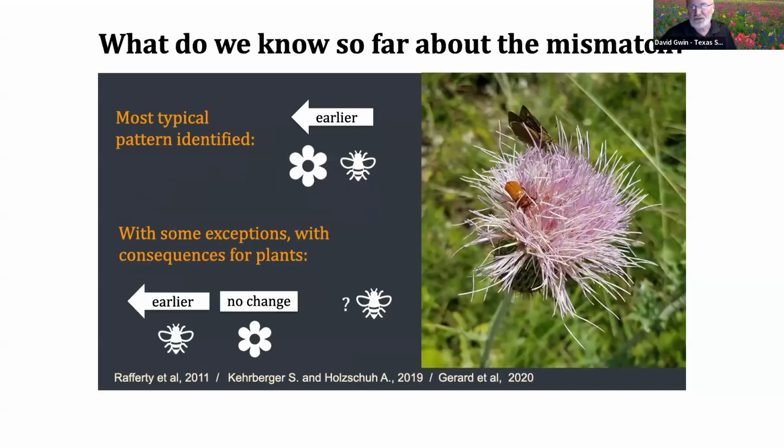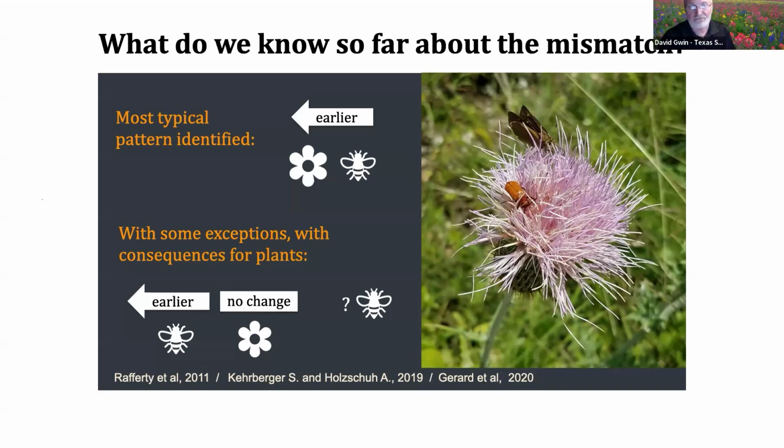Okay. I mentioned that we know that there's a mismatch out there. The most typical pattern identified thus far is that plants are blooming earlier, and we believe that the insects may be trying to respond to that, but we don't have the data to really help us understand that as of yet. There are also some exceptions with consequences for plants.